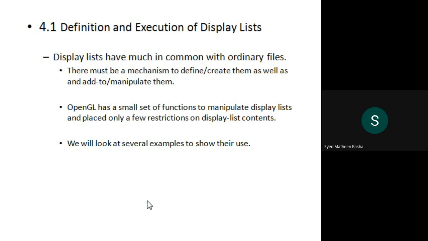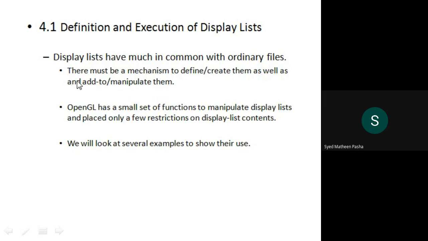Then we have another topic, the definition and execution of display lists. What happens in definition is, display lists have much in common with ordinary files. There must be a mechanism to define or create them, as well as to add to them or manipulate them.